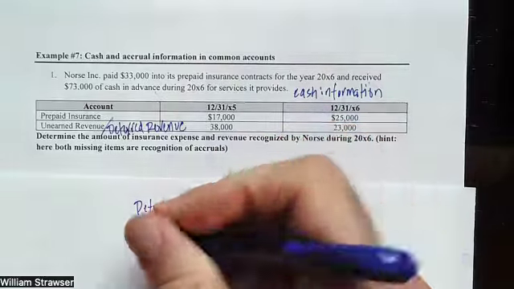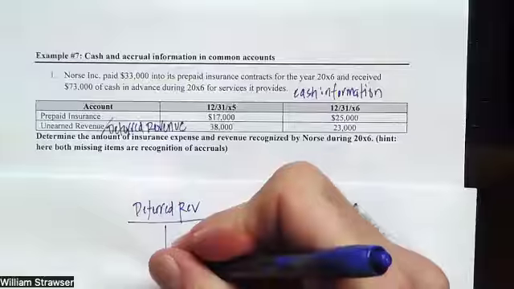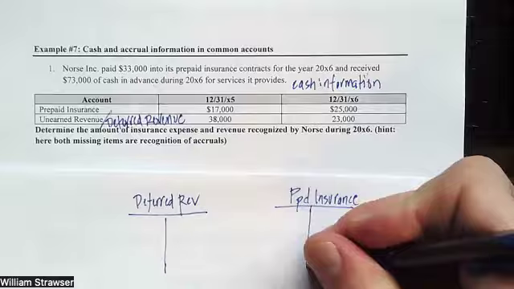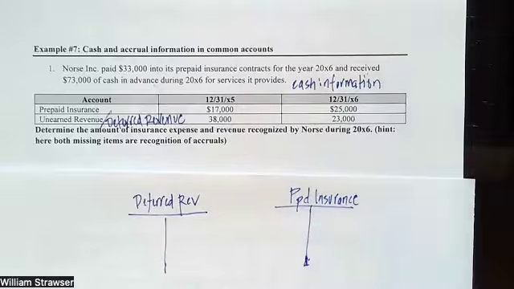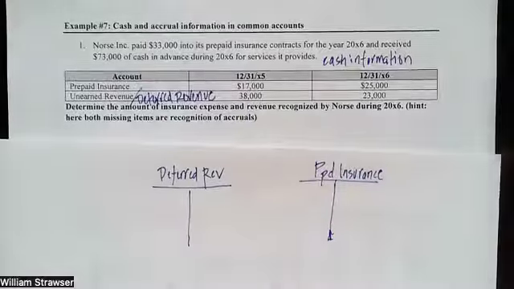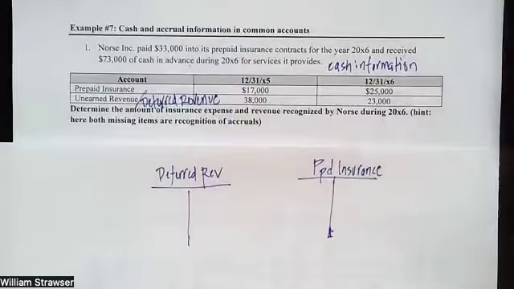Even those that weren't convinced by the end of intermediate one said, okay, intermediate two, I definitely needed my T account. So just get used to using them. It's a great way to set up information. I live and die by them. This is stuff I've taught for the past, golly, I don't even want to think about it, maybe 15, 20 years.